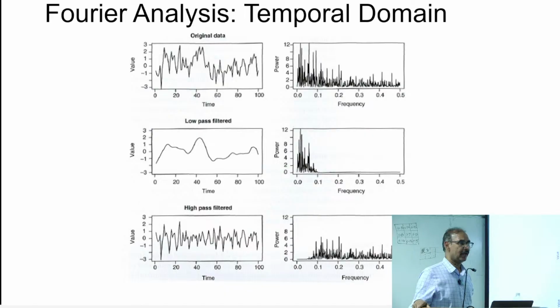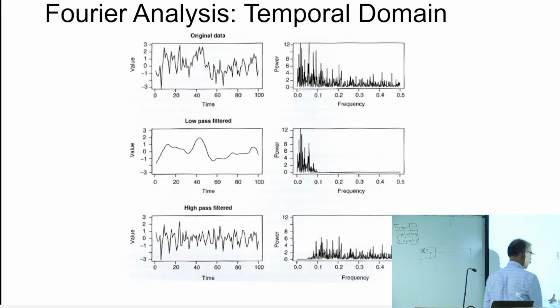I had done it just to convince the reviewers that what I was seeing was not an artifact, right? And then you can look at different frequency ranges to see if there is any specific frequency spectrum that we can see, right?